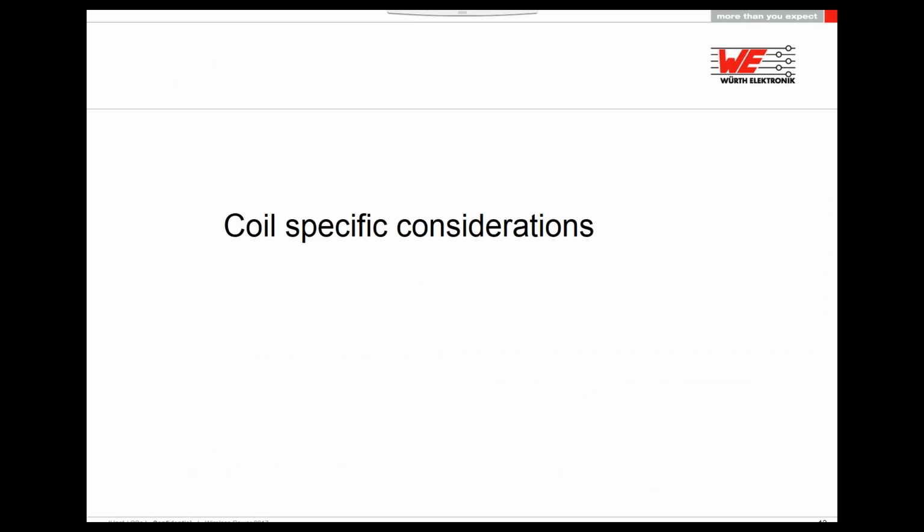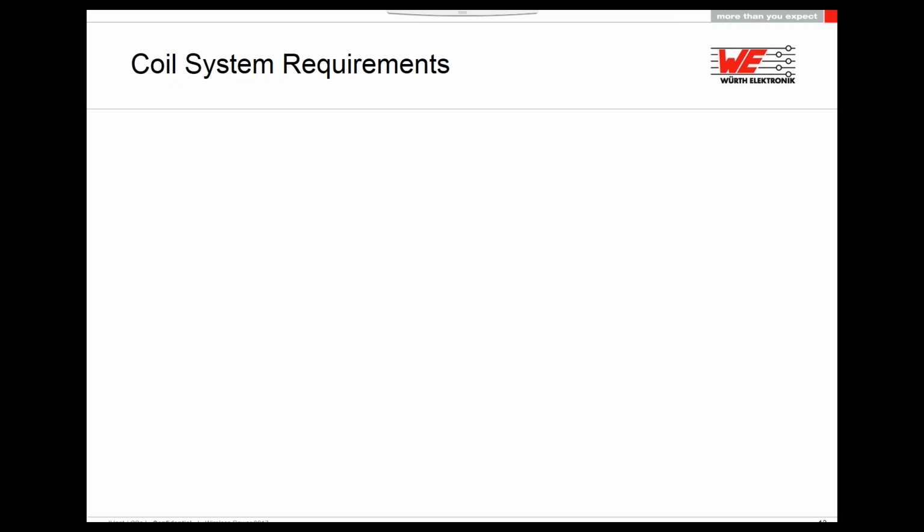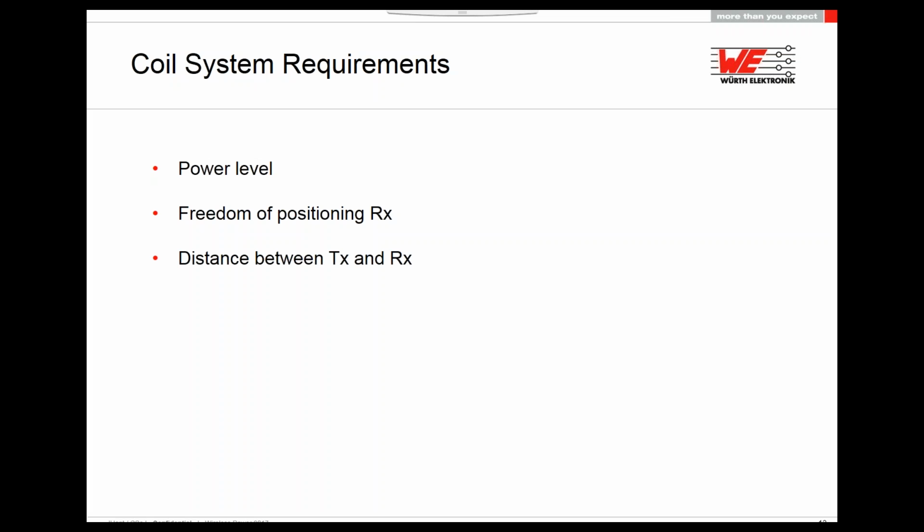Okay, so when integrating wireless power transfer coils into your wireless power transfer systems, there are several parameters that need to be taken into consideration, such as power level. So what power would I like to transfer, and if I want to comply to some standards like the Qi standard, freedom of position in receiving device, then distance between a transmitter and receiver coil.